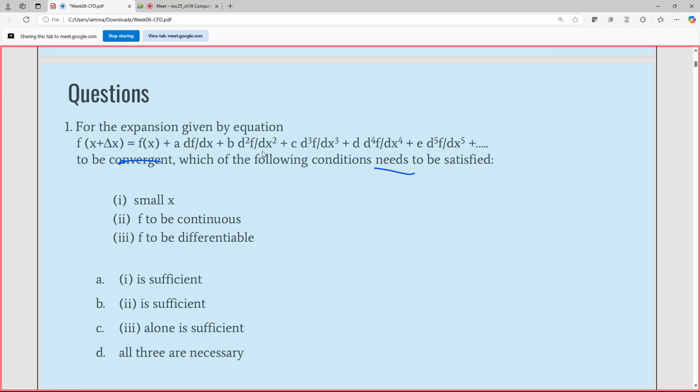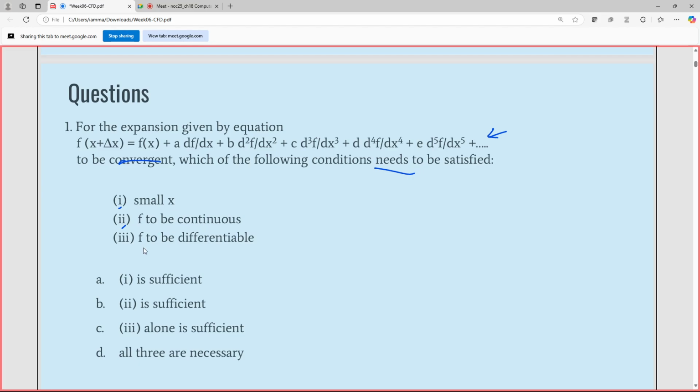So the question is on the basics of differential equations and Taylor series expansion. For such an expansion to be convergent, what are the necessary conditions to be satisfied? Condition 1: small delta x. Condition 2: f to be continuous.